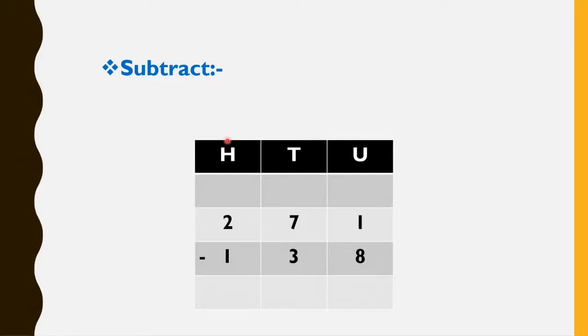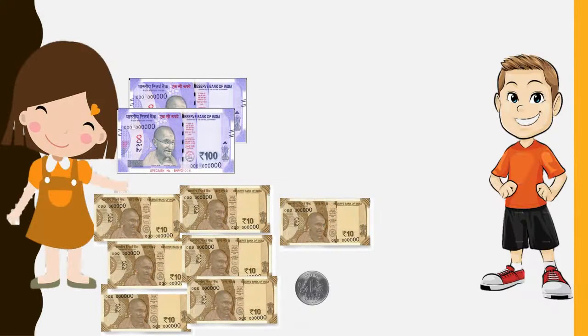So, our next sum is subtract 271 minus 138. So we have to subtract 138 from 271. So as you can see, there are two notes of 100 rupees and there are some notes of 10 rupees.